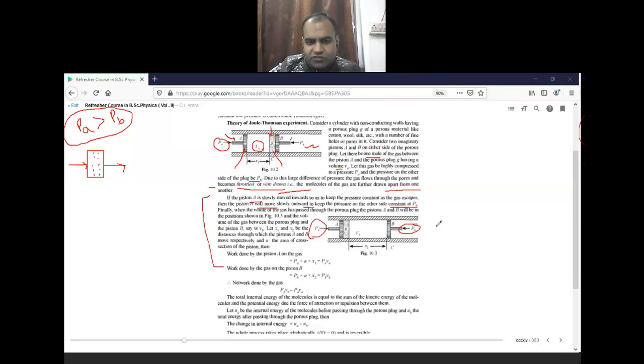So you maintain PA constant, and in that case PB will also be constant. But you have to be careful that in order to keep both PA and PB constant, you have to press the piston very, very slowly.